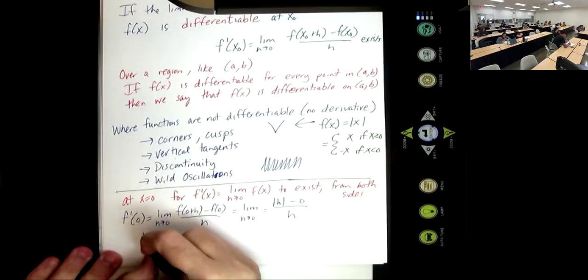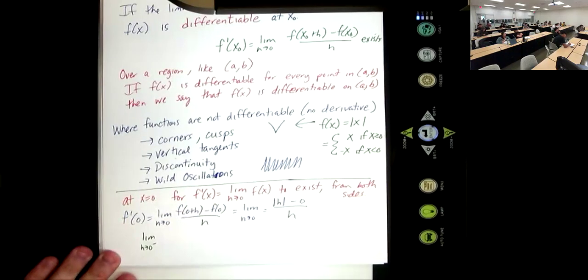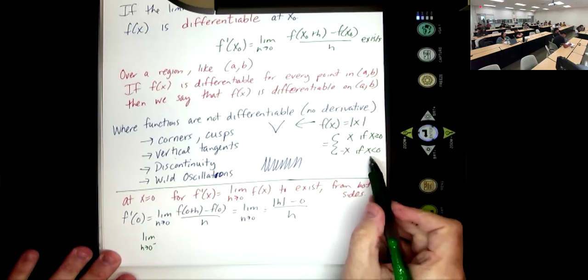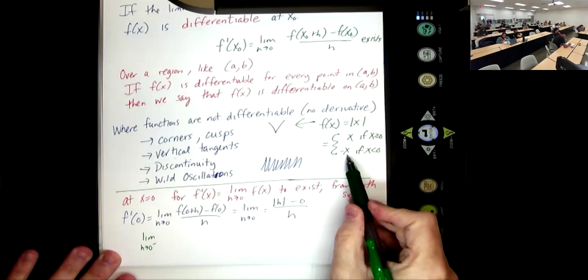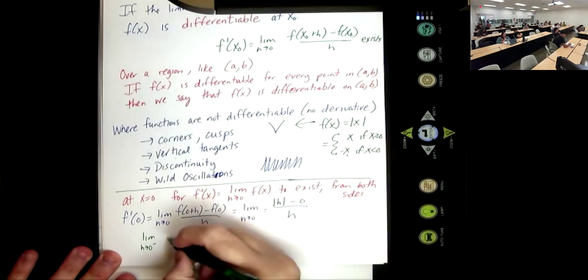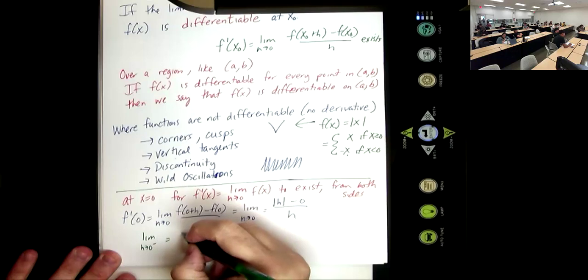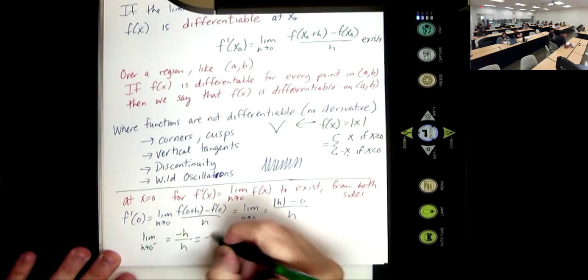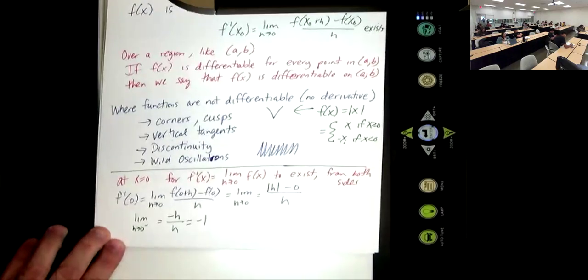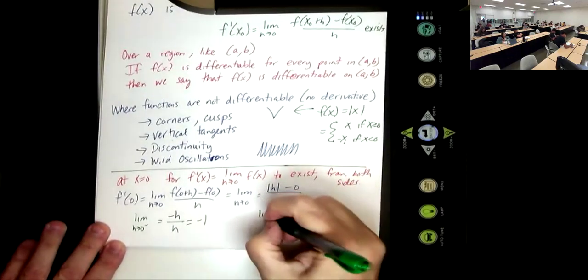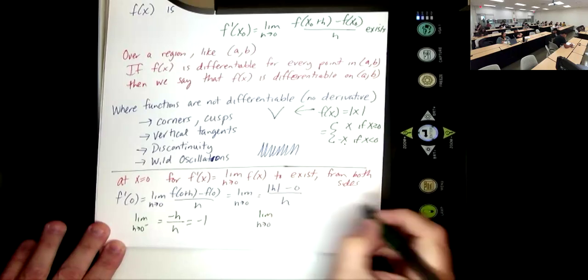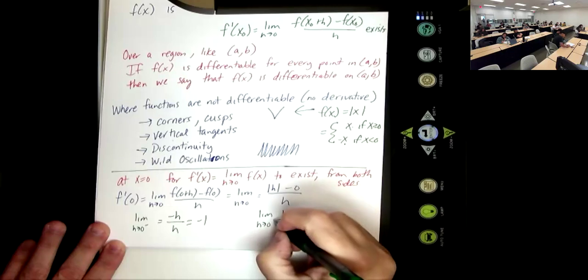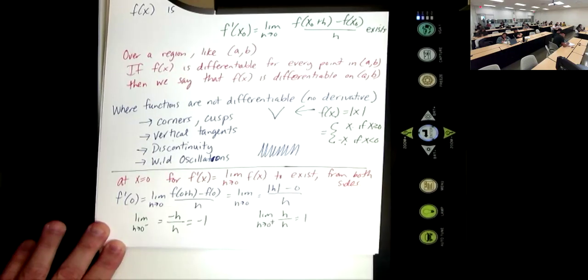Limit as h goes to 0 from the left. When we're coming from the left, absolute value equals negative. So we're going to replace the absolute value of h with negative h on top. The bottom is still h, and this is -1. If we look at it from the right, we can just leave positive h, which equals 1.